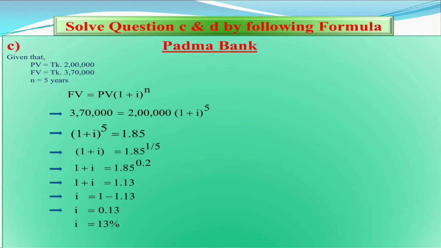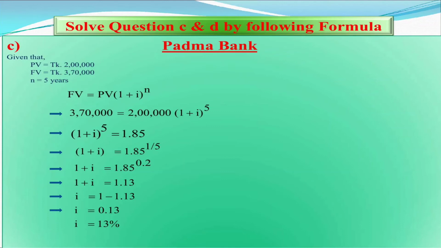Then I equals 1.13 minus 1. The I on the left side has a positive sign, and if we change the side of 1, it will be 1.13 minus 1.